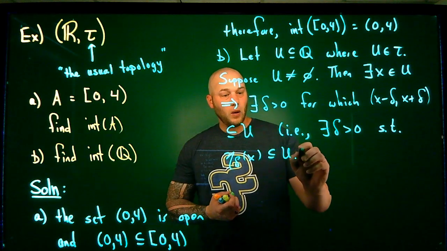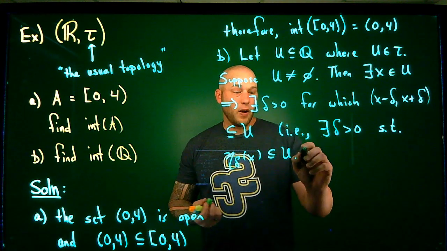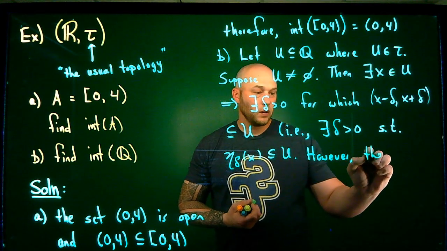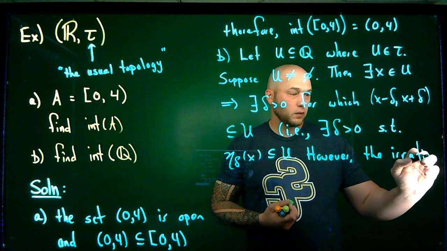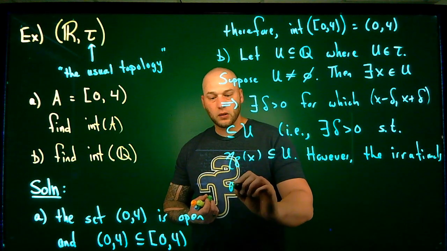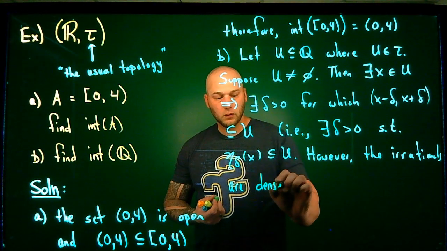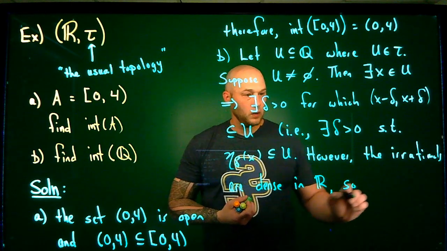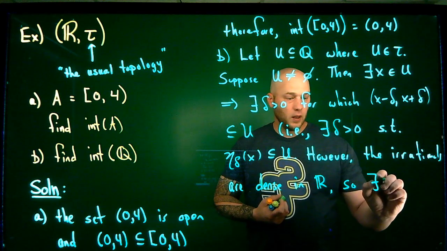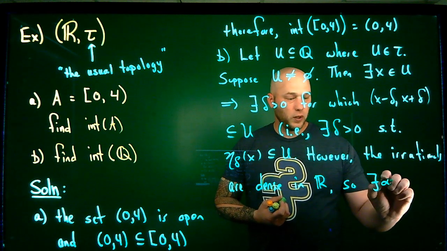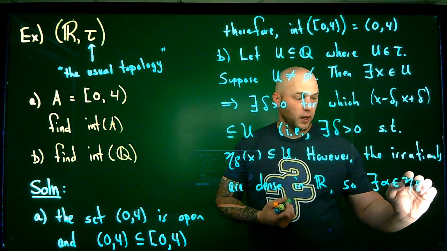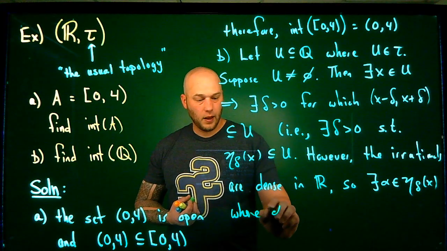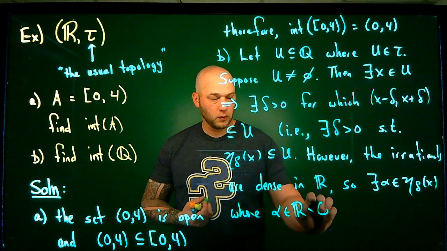Well, however, the irrationals are dense in the real line. So there exists an alpha contained in this delta neighborhood of x, where alpha is an irrational number.